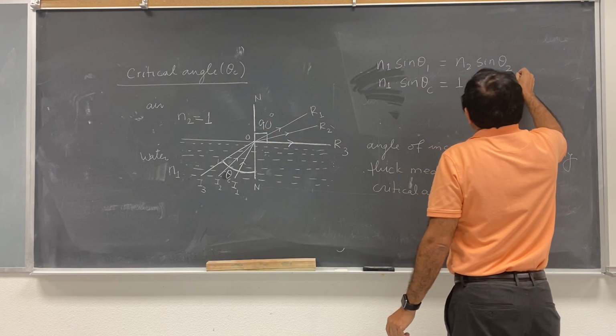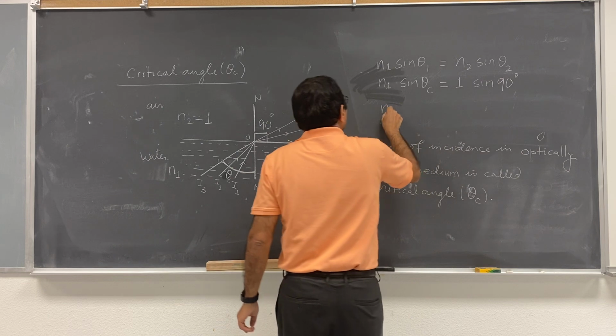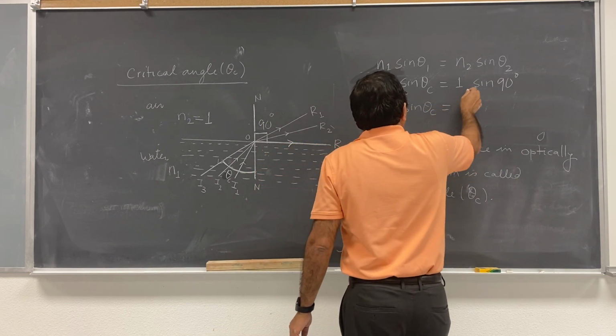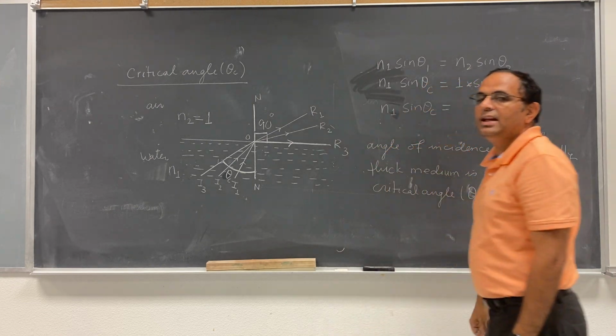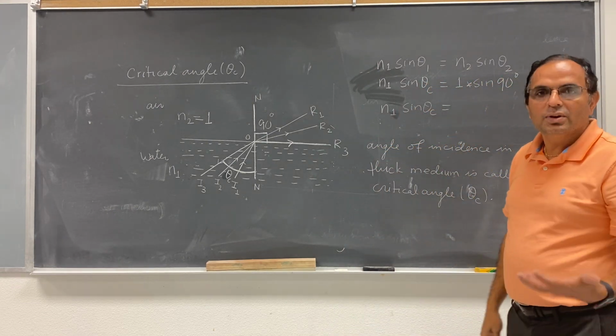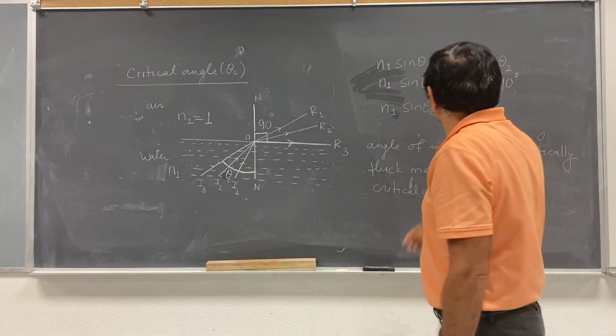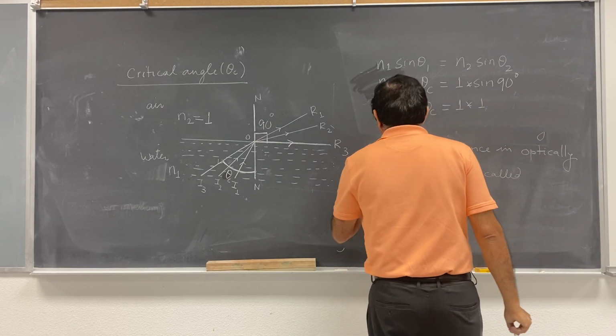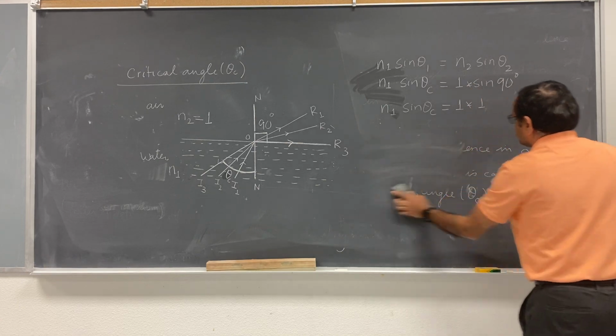1 times sine 90 degrees. N1 sine theta c equals 1 times sine 90 degrees. Use your calculator: sine 90 degrees is 1. So it is simply 1 times 1, which is of course 1.